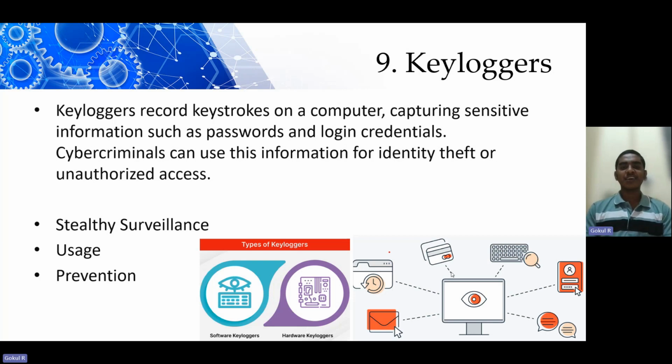The keyloggers record the keystrokes to capture sensitive information like login credentials. What is the usage? It is used for identity theft, espionage, and unauthorized access. How to prevent? Use antivirus software, be cautious with public computers when browsing with our credentials, and employ secure input methods.